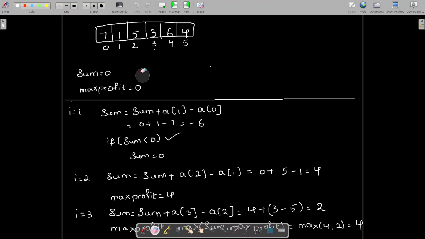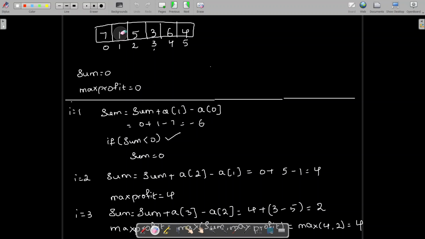Initially the sum is equal to 0 and the maximum profit is 0. I will be starting from 1, because at index 0, if we buy on the 0th day and sell on the 0th day, we don't get any profit. So the sum will be sum plus a1 minus a naught, 0 plus 1 minus 7.